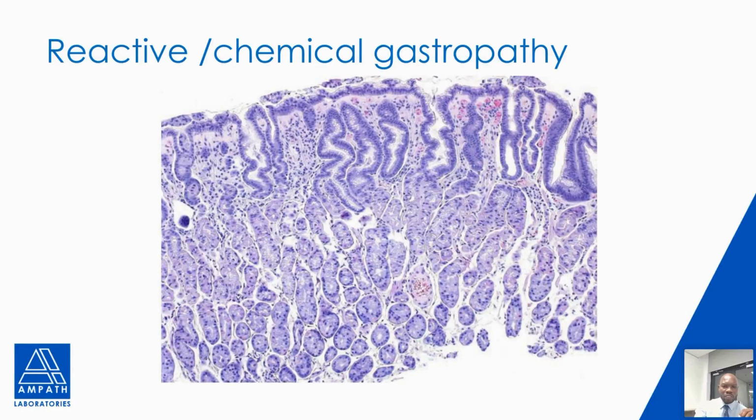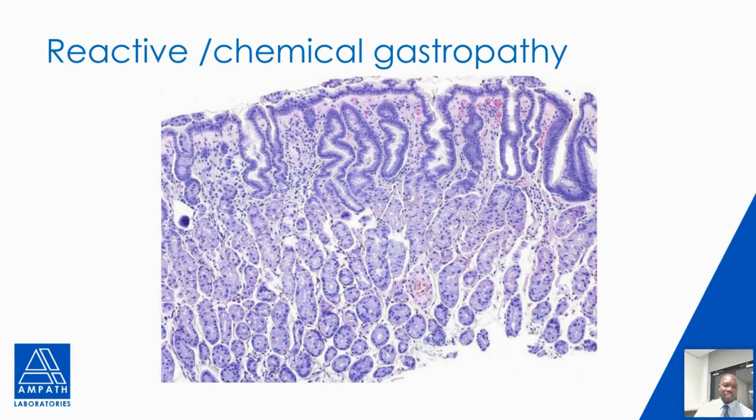You get congested ectatic blood vessels, minimal activity, minimal inflammation, unless there is overlapping disease, for example, with H. pylori infection or other infection, then you may have overlapping features. But if it's just pure reactive gastropathy, this is more of a typical pattern that one will be seeing.